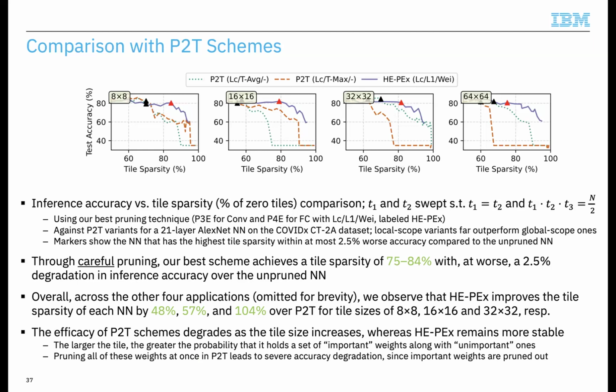So you're pruning out a lot of insignificant weights, but you also might be pruning a couple of very high valued weights. So the higher the variance of weights within a tile, the more risky, quote unquote, it is to prune that tile away. And the moment you do that, you have this huge sharp drop in accuracy for that particular pruning configuration.